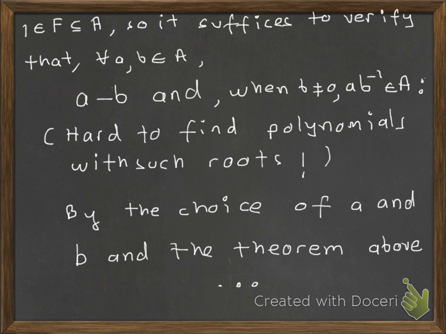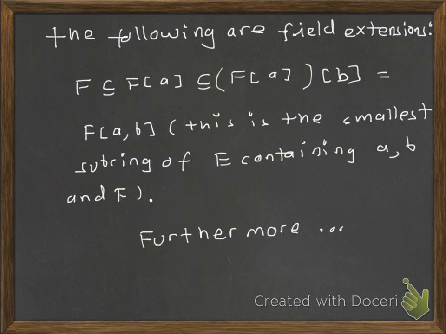Now, A and B are two elements of A. That means they are algebraic over F, right? So then this extension has finite degree by our theorem, and this is a field, because A is algebraic over F. Also, B is algebraic over F, therefore it's algebraic over the larger field F(A), which implies that this extension is of finite degree, and this is a field as well.